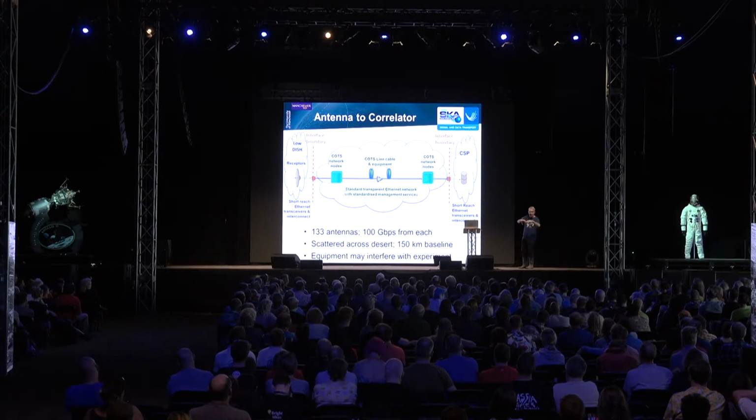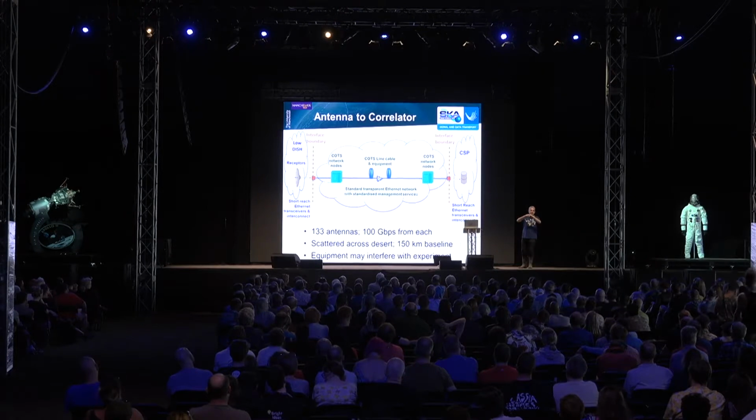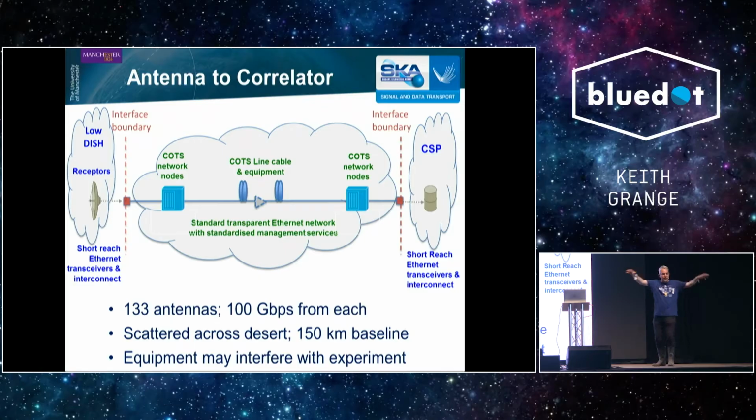And these things are scattered all over the desert. So the trick here is it's a moderately large data rate, but getting the data from all of these disparate antennas all to get to the same place is the trick. And we've now actually got a prototype of this running in a shed just over there, which demonstrates that we can actually do this.